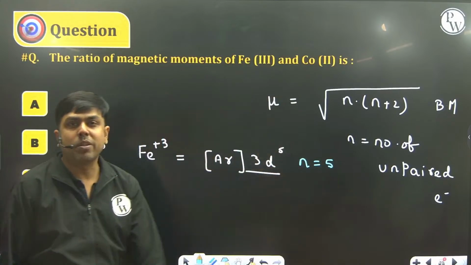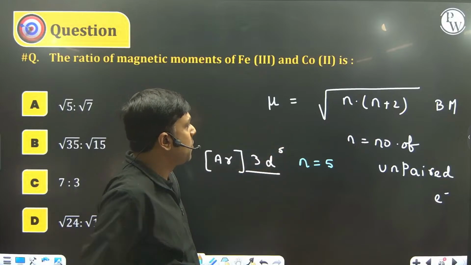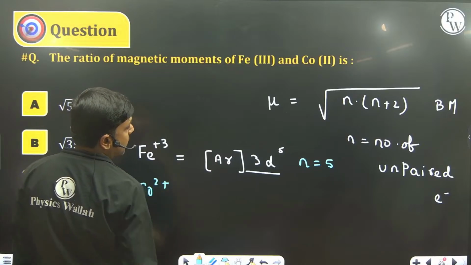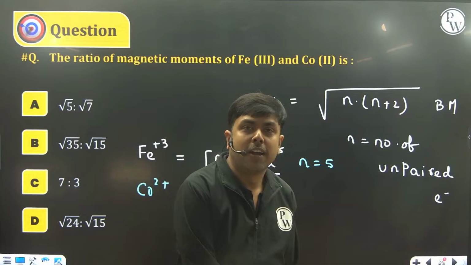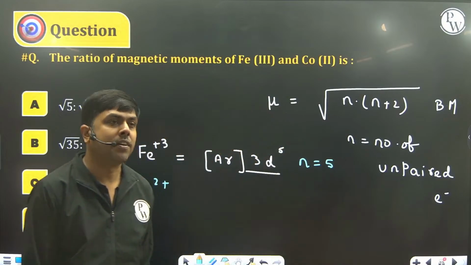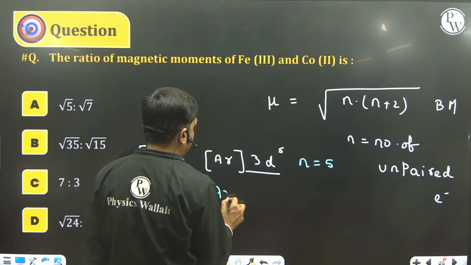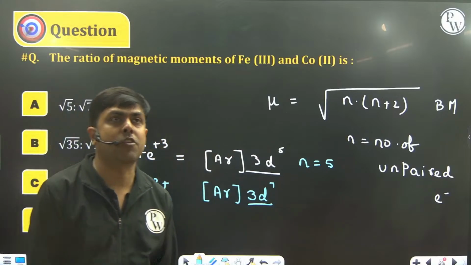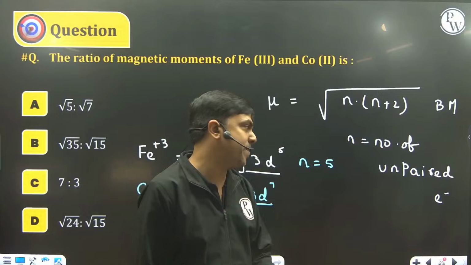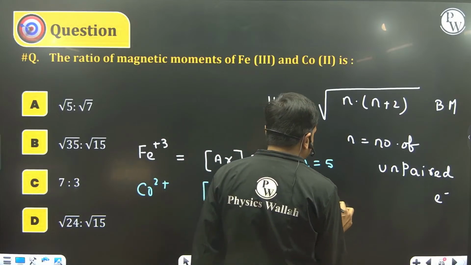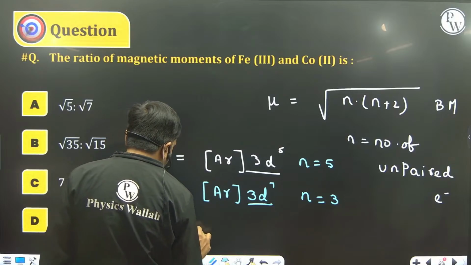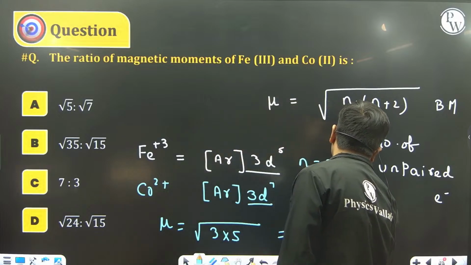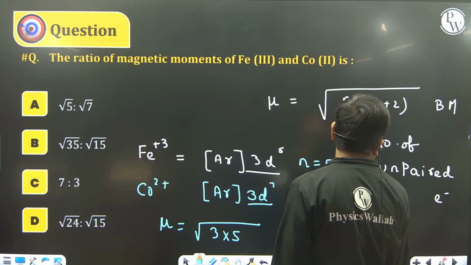And if n is 5, what will be the value of magnetic moment? 5 into 7, that's 35. Now if I talk about Co2 plus, Co2 plus is 27 minus 2, 25, argon 3d7. 3d7 means how many unpaired electrons? 5 filled, 6, 7, so 3 unpaired, n equals 3, and the mu value will be under root 3 into 5, root 15, and for iron it's root 35.